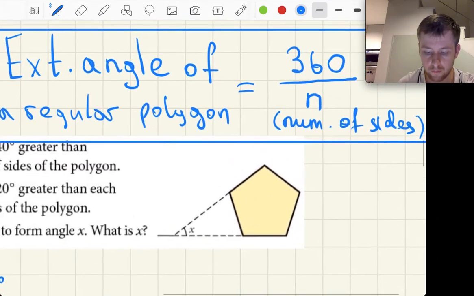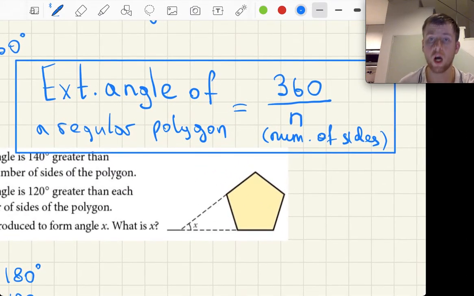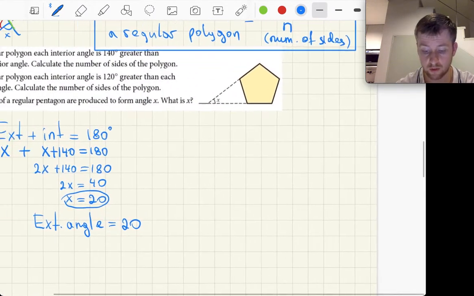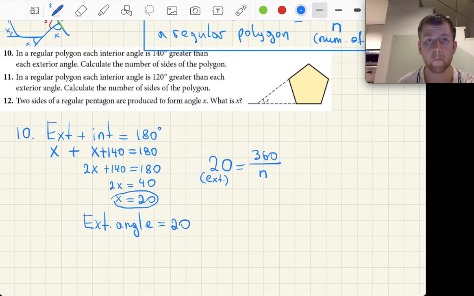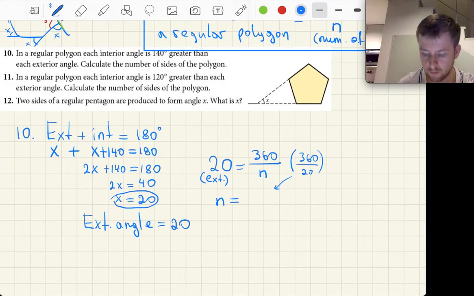If you remember the formula, I will remind you again: exterior angle of a regular polygon equals 360 divided by n, where n is the number of sides. So we can use this formula to our advantage. 20, our exterior angle, equals 360 divided by n, and now we have to find n. You just do 360 divided by 20, and you'll get n, which will be 18.